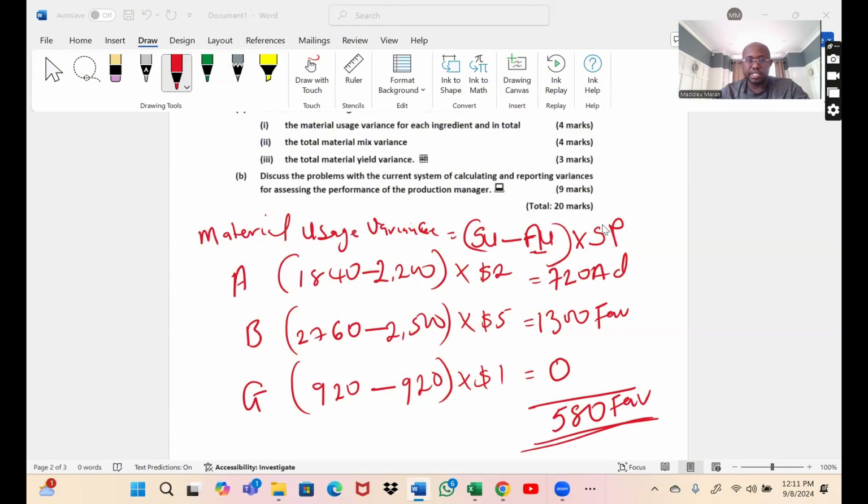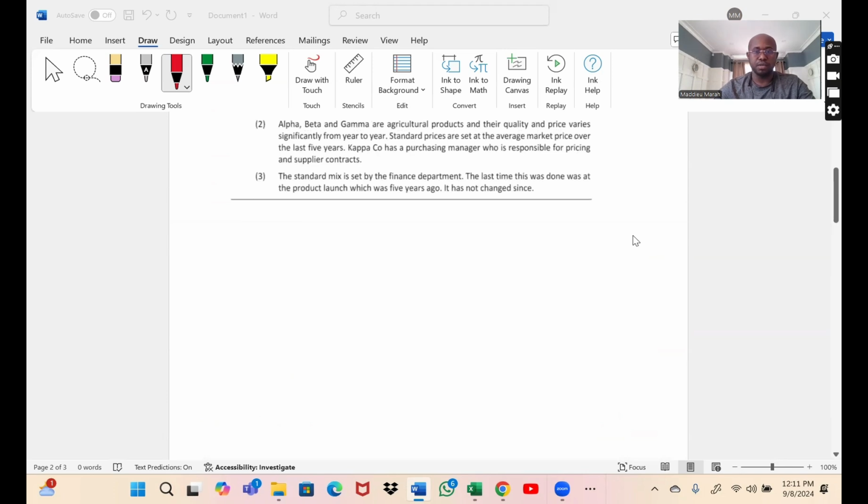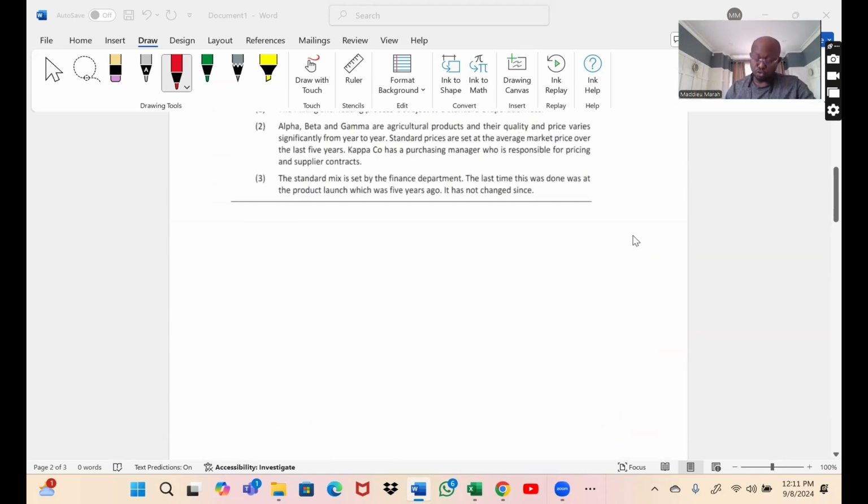Okay, so let's calculate our material price variance. Like I mentioned, not required, but we have to do that for teaching purposes, to get a better understanding. Material price variance: my formula is going to be like this.